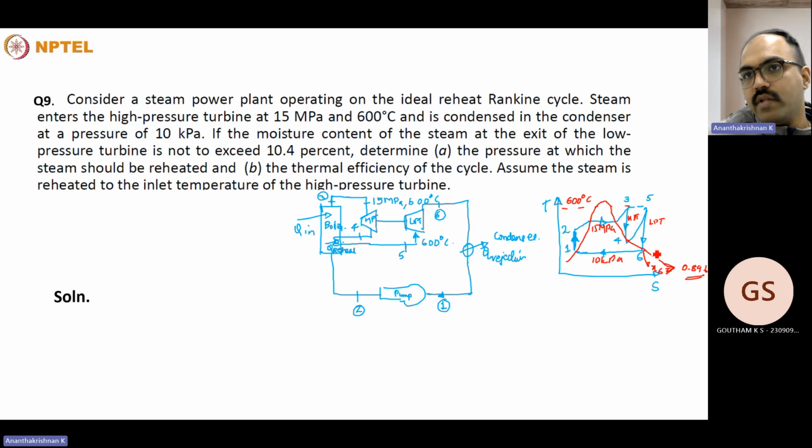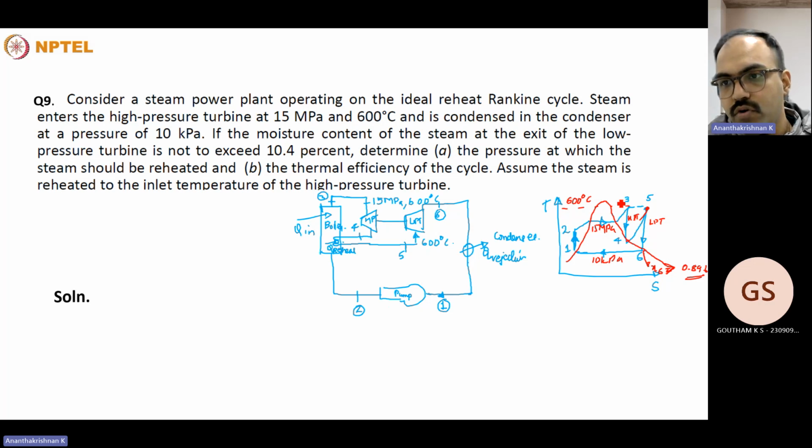The quality or the dryness fraction is the mass of the vapor to the mass of the vapor plus liquid. So we need to determine the pressure at which the steam should be reheated to the same temperature, and this particular pressure will be a new pressure. So we need to calculate P5 and the thermal efficiency of the cycle. We have seen in one of the earlier cases that the total work input increases as well as the total heat input also increases.